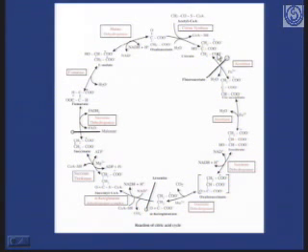Can you see the 3 carboxyl groups? 1, 2 and 3. That is why it is also called a tricarboxylic cycle. So a dicarboxylic oxaloacetate forms a tricarboxylic citrate after combining with acetyl-CoA. And this enzyme that enables the formation of citrate is called citrate synthase.